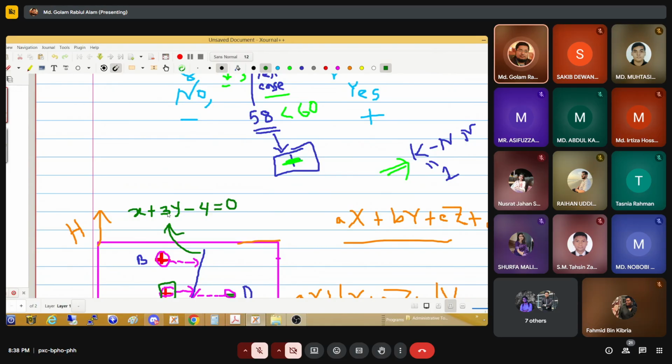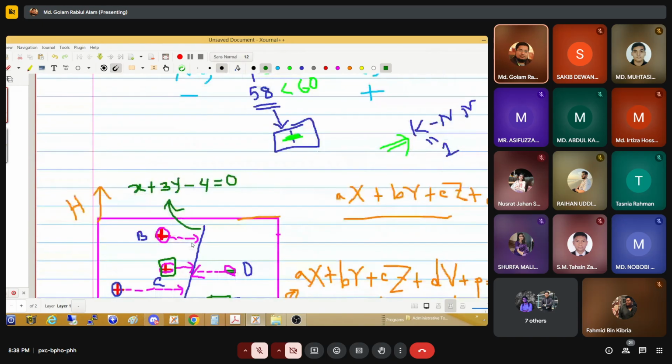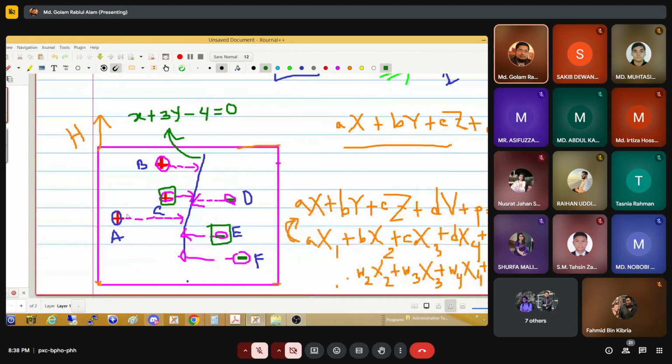This is the equation of a line, the hyperplane being a separator of two-dimensional data points. And we want to find the distance from A. A is a vector, or a data point. Let's say the weight is 1 and the height is 2. Then what will be the distance? That means the perpendicular distance from A to our line.